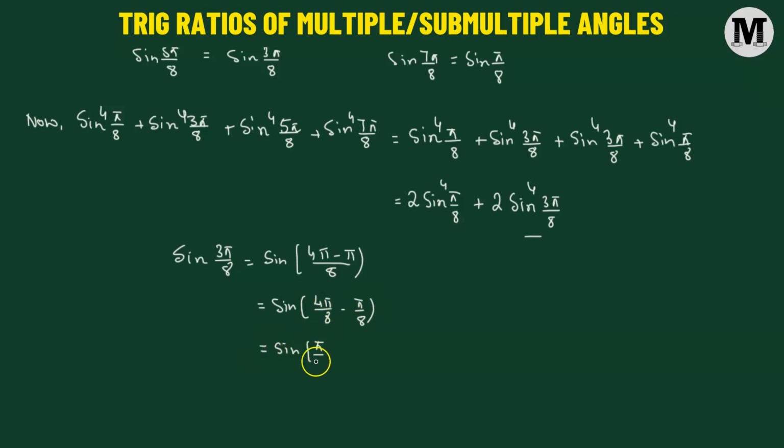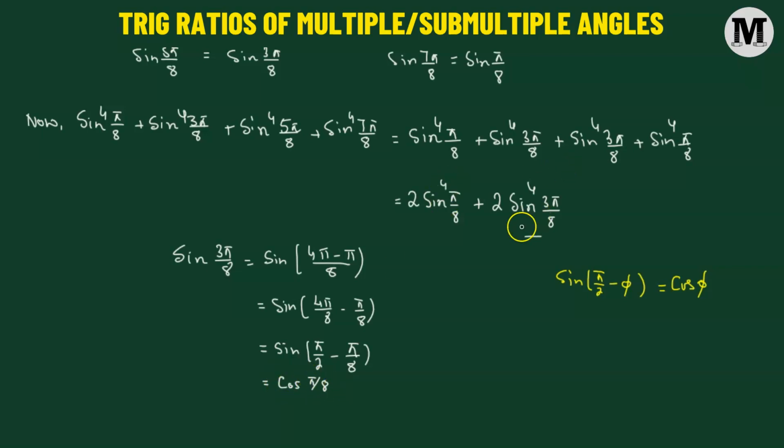That's pi over 2. So we get sine of pi over 2 minus pi over 8. Now we're going to use the fact that sine of pi over 2 minus phi is equal to cosine of the angle phi, which means that sine of pi over 2 minus pi over 8 will become equivalent to cosine pi over 8.